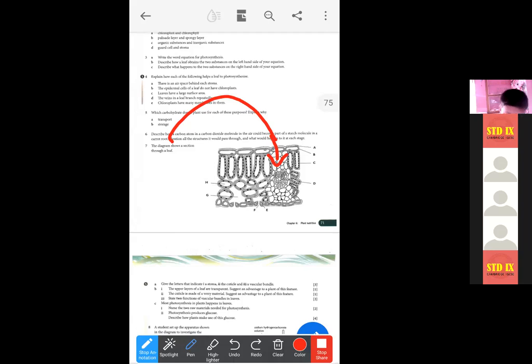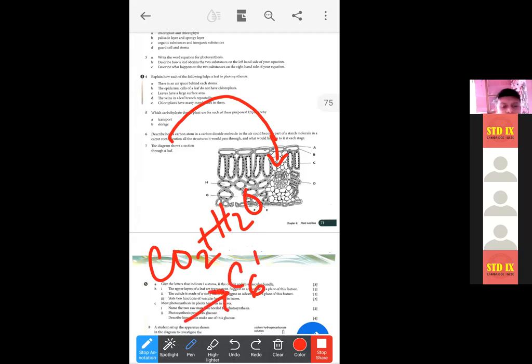Inside the chloroplast, this carbon dioxide will react with water to form glucose, C6H12O6, and oxygen. We will only write about the carbon atom here. So the carbon atom from the CO2 molecule went to the glucose molecule.